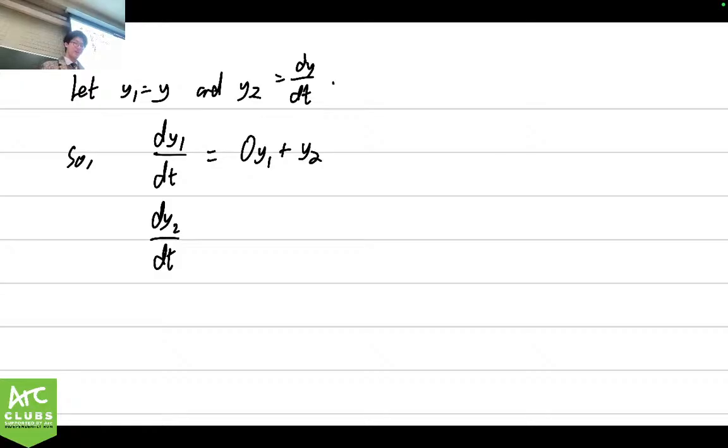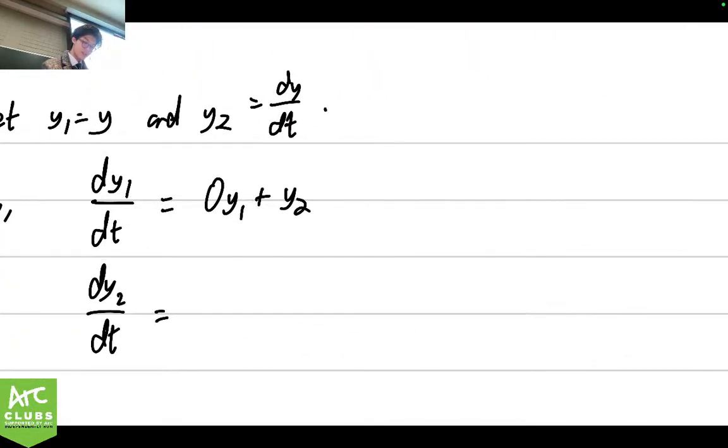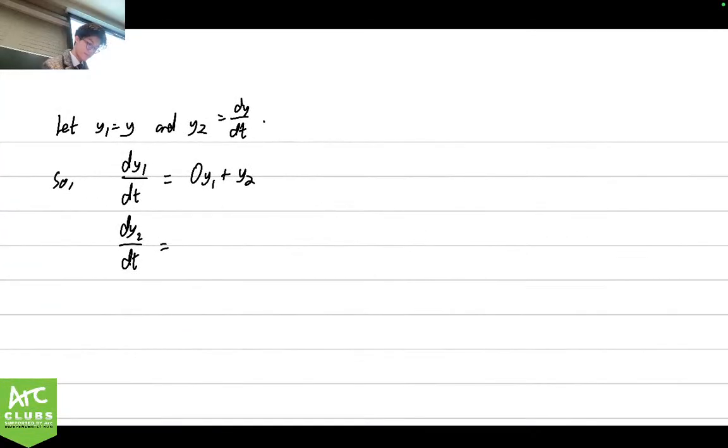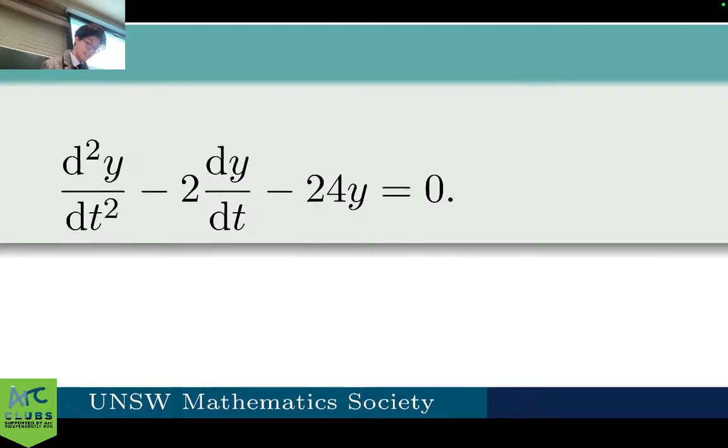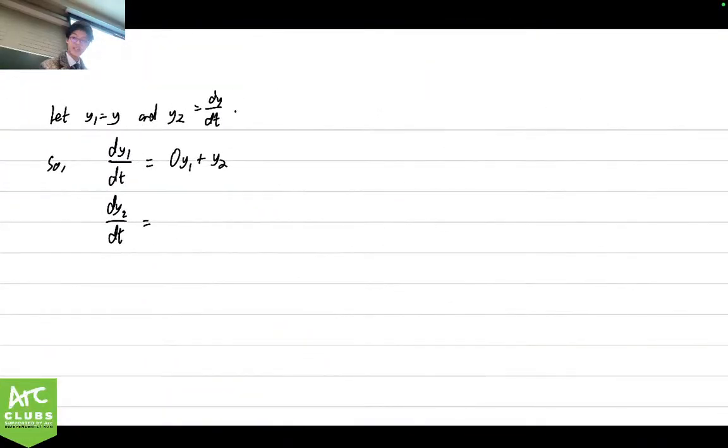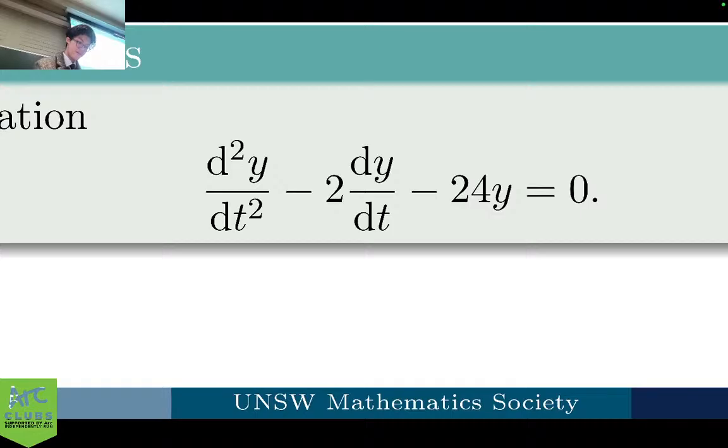Whereas with dy2 on dt, if we look at the previous equation, dy2 on dt would be d on dt of dy on dt, which is just the second derivative, d squared y on dt squared. And we know that the second derivative equals 2 dy on dt plus 24y, which means we will essentially get the equation 24y1, because it's y, plus 2y2, where y2 is just dy on dt. So see how this just goes to the other side, and we express it in terms of our new variables.